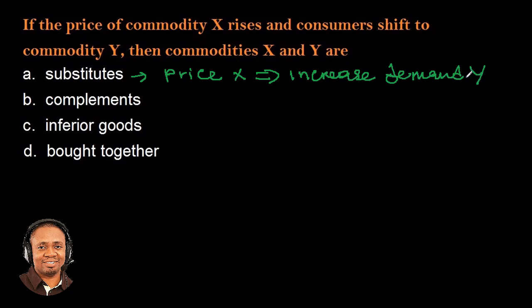So it increases the demand for commodity Y. So this seems to be the right answer, but then let's check the other options.